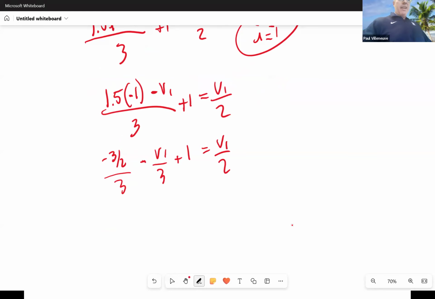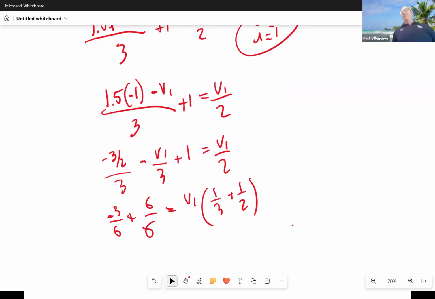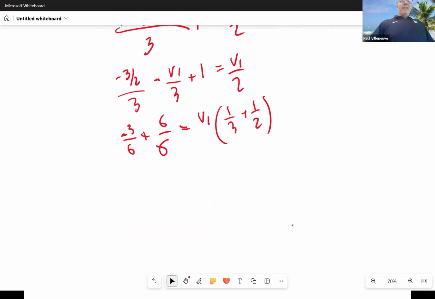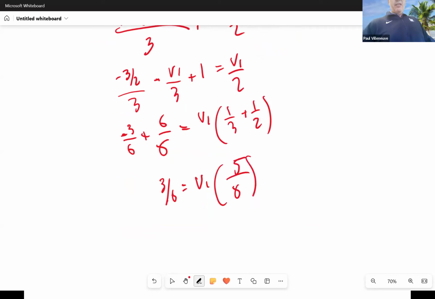So I have -3 over 6 plus 6 over 6 equals V1 times 1/3 plus 1/2, right? See that 5th grade math coming through, all these fractions in there and common denominators. So I have 3 over 6 is equal to V1 times 5 over 6, product over sum, right?